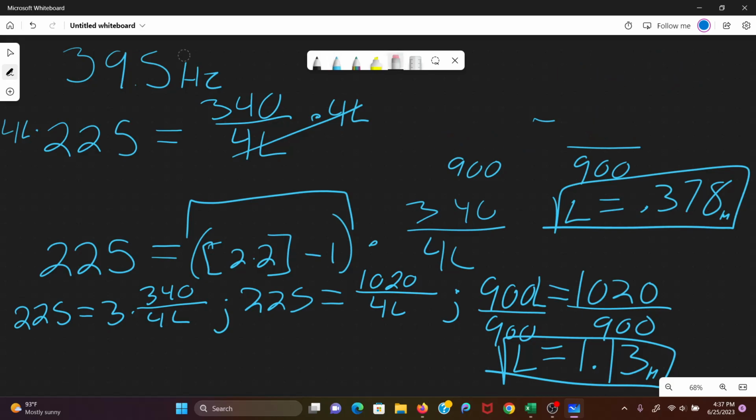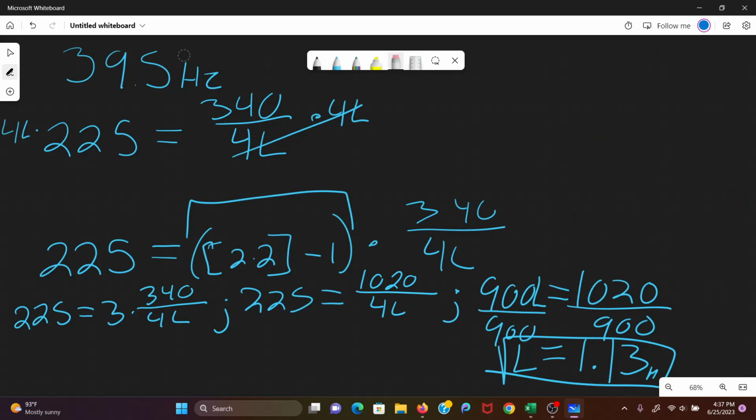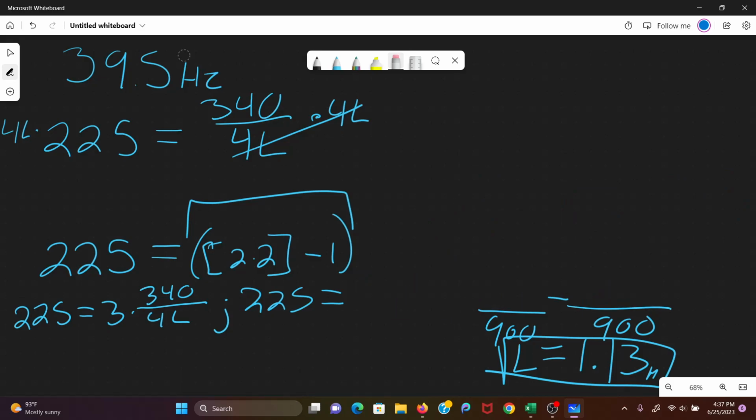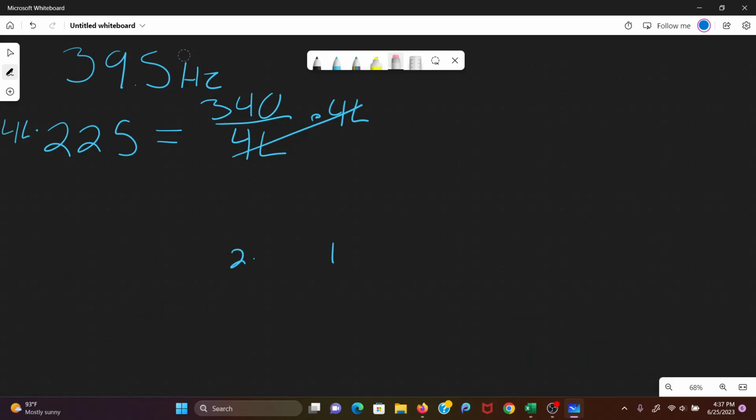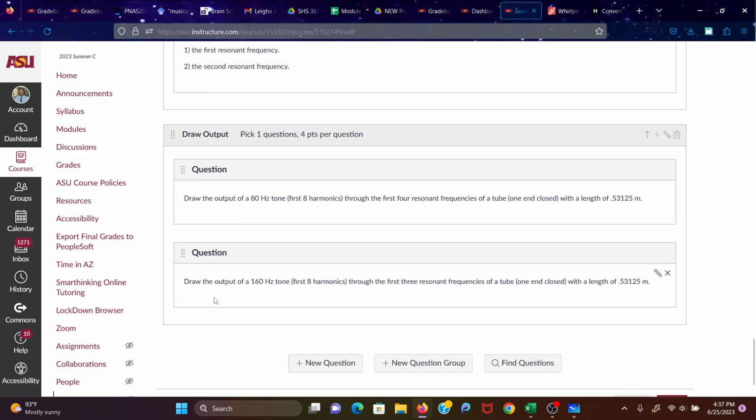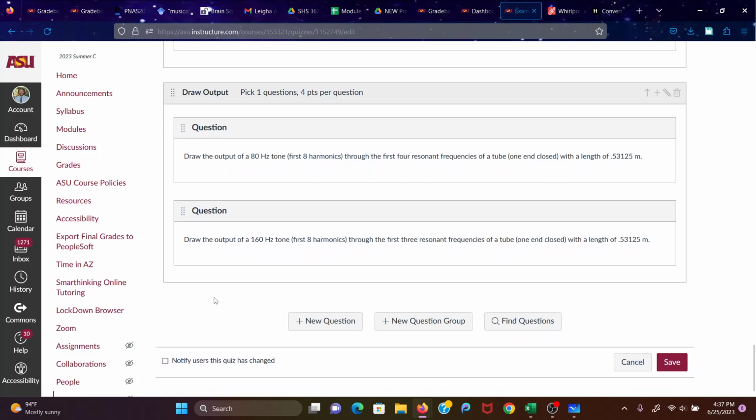Okay, let's get rid of this and we'll take a look at question number 5. Almost everybody got question 5 correct. So we're just going to go through that really quickly. It's pretty simple. Draw the output of an 80 hertz tone, the first 8 harmonics, through the first 4 resonant frequencies of a tube.